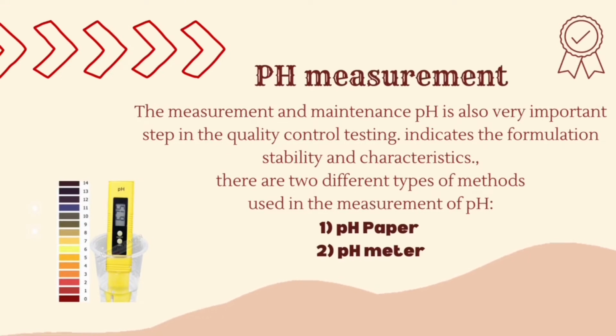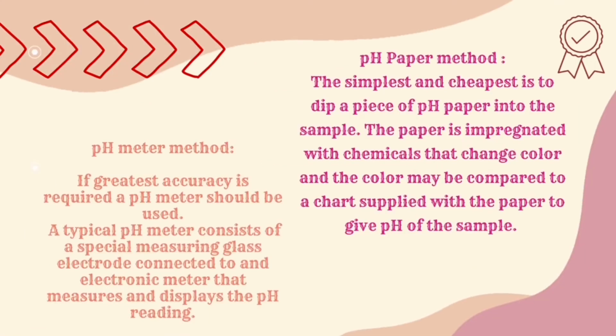pH measurement. The measurement and maintenance of pH is also a very important step in quality control testing. Generally, there are two different types of methods used in measurement of pH: pH paper and pH meter. pH paper method. The simplest and cheapest is to dip a piece of pH paper into the sample.